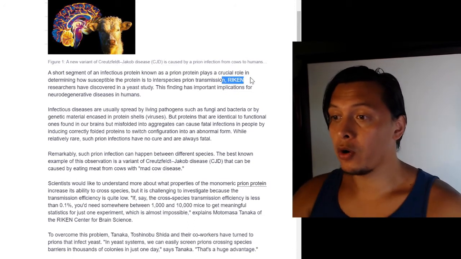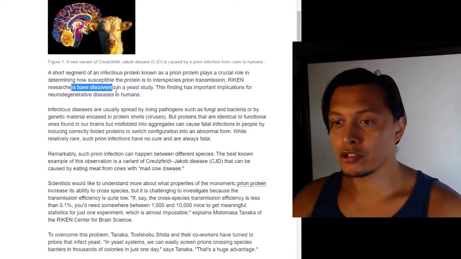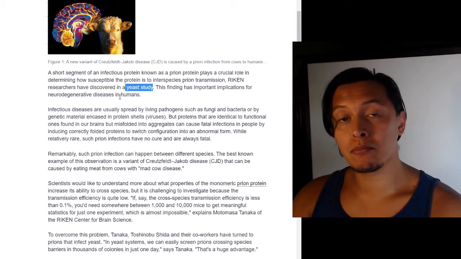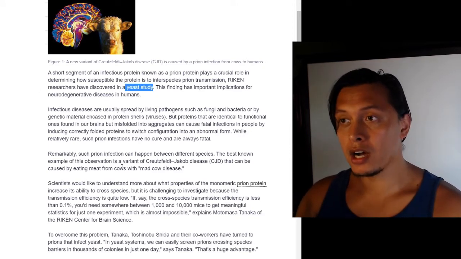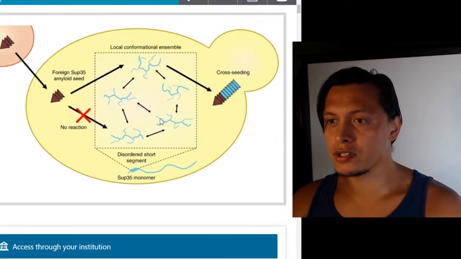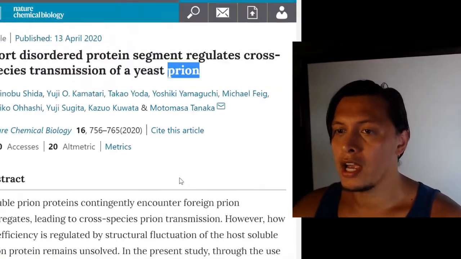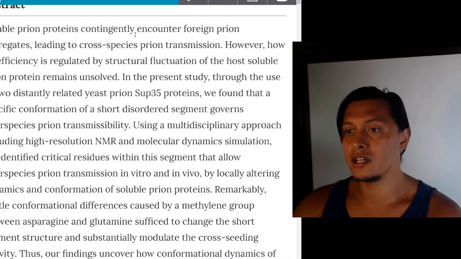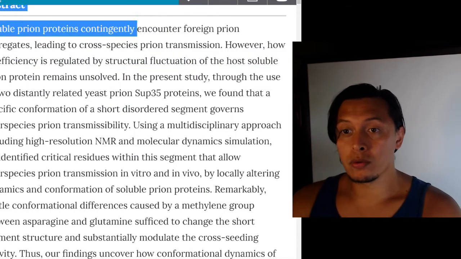So here, RIKEN researchers have discovered in a yeast study... let me go to this and see if this is a natural part. Here, the soluble prion proteins contingently encounter foreign prion aggregates.